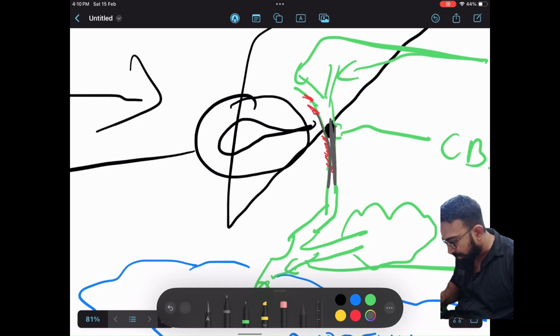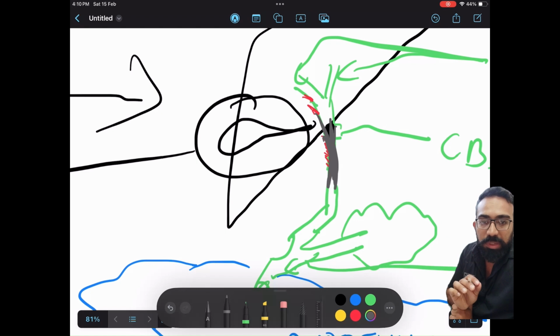I will use a gray pen for stricture. Now there is a stricture. If there is a stricture over here, then again it can present in a similar manner as acute cholecystitis. This is called post-cholecystectomy syndrome.